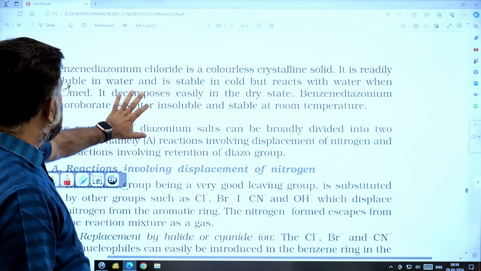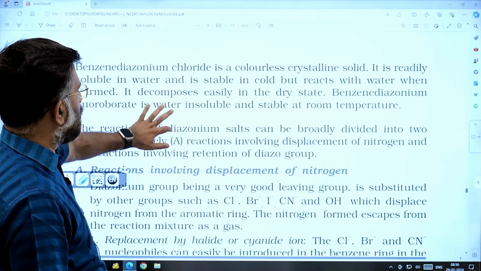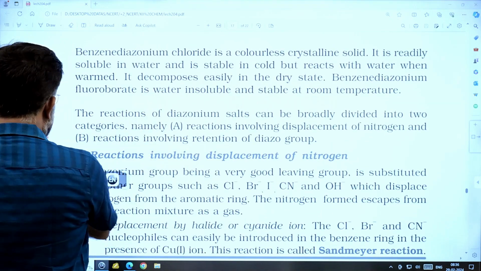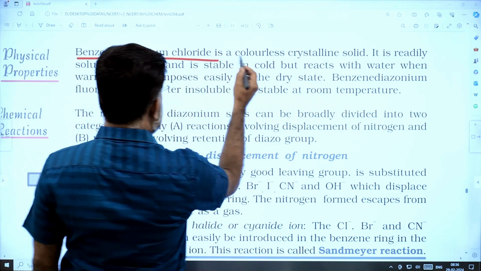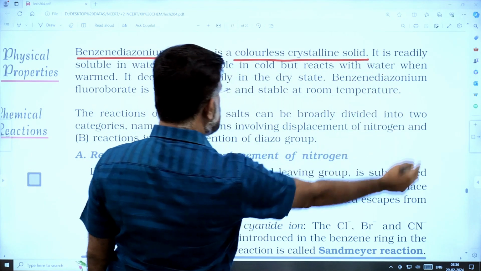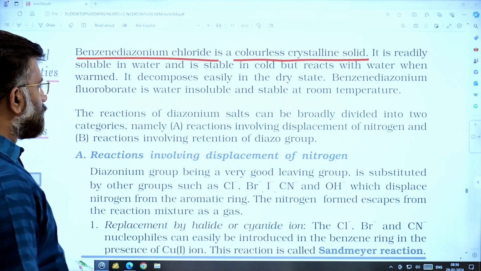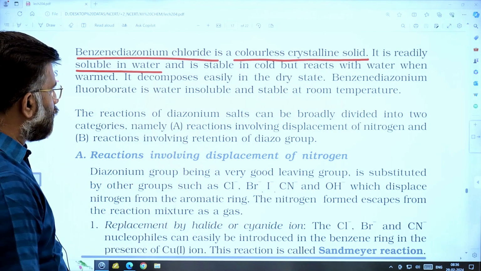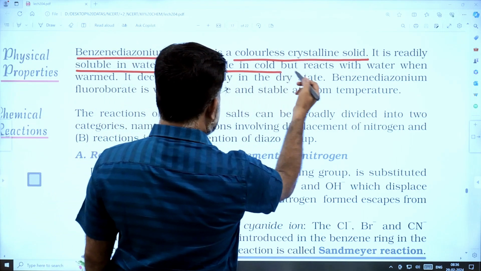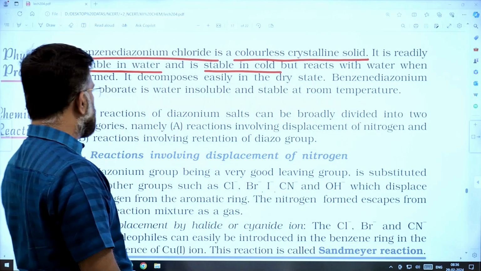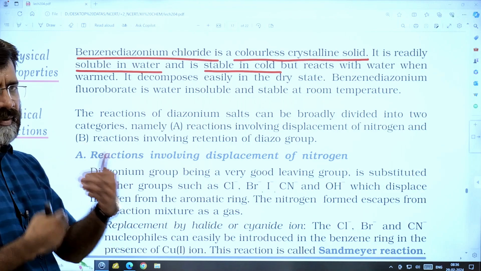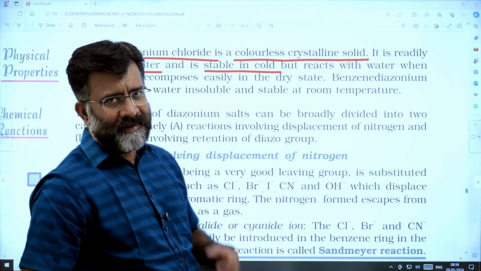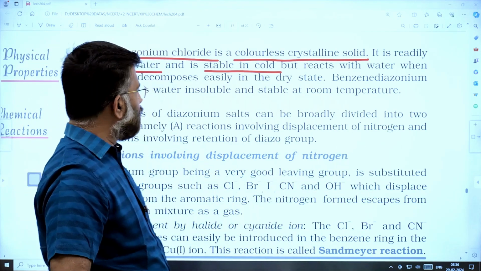And now the benzene diazonium chloride, a talk on its properties. Benzene diazonium chloride is a colorless crystalline solid. Readily soluble in water, stable in cold condition, but reacts with water when warmed, and it is immediately hydrolyzed to get OH product, alcohol, phenol product.